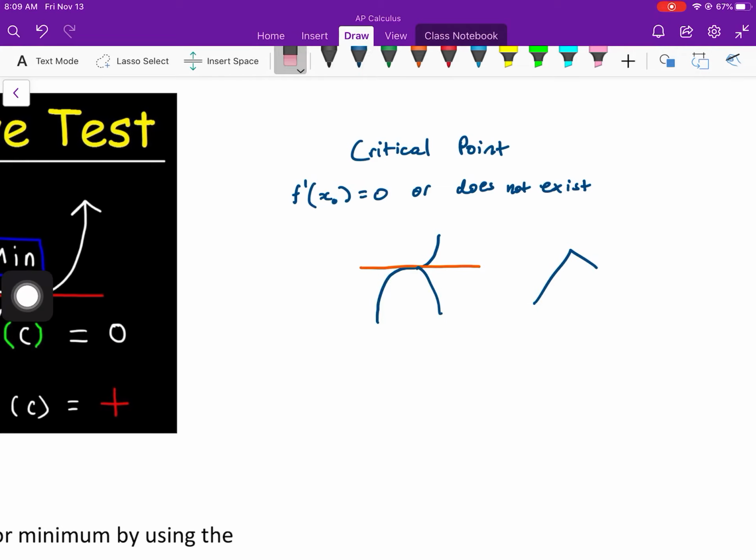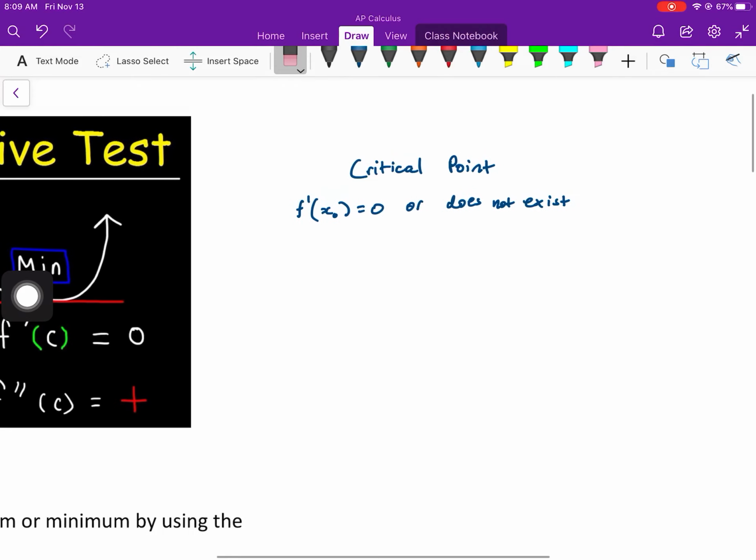So that's why we look at these critical points, because that's where more than likely you're going to have your maximum or minimum. So if we have a critical point, what if we find out that f double prime at that spot is negative? That would mean that we are concave down.